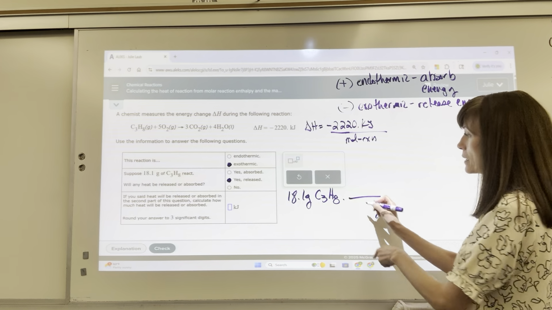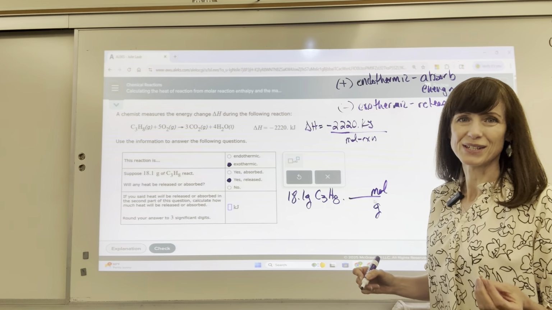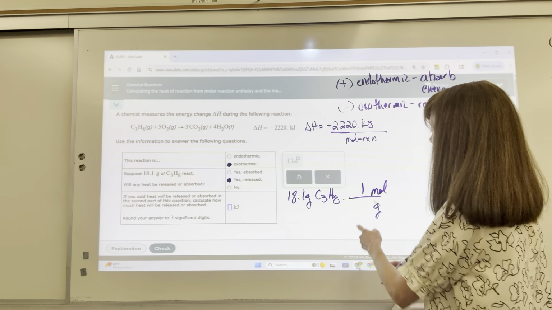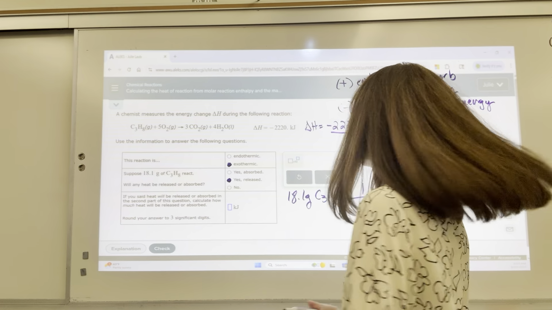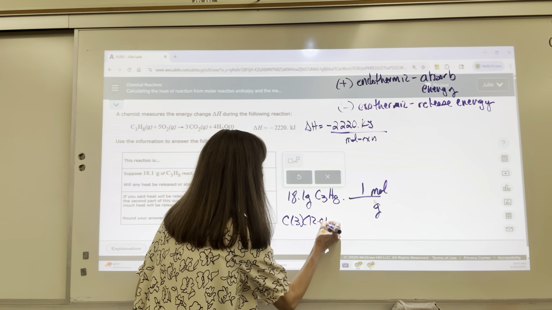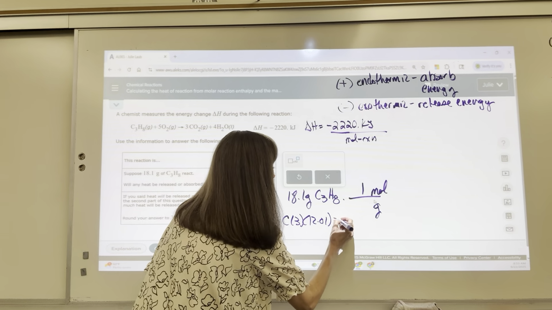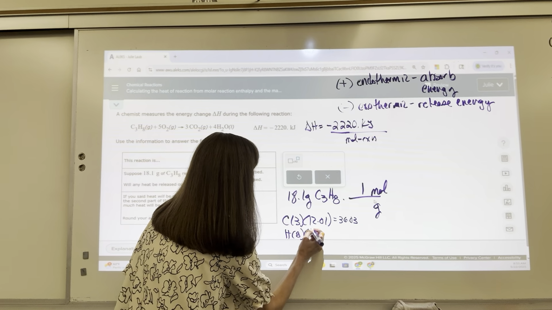Grams will go in the denominator, so it cancels. I want moles. Now, by definition on our molar mass, 1 mole always has a certain number of grams, and that comes from the periodic table. So let's add this up. We've got 3 carbons. The molar mass is 12.01, gives us 36.03. We've got 8 hydrogens.